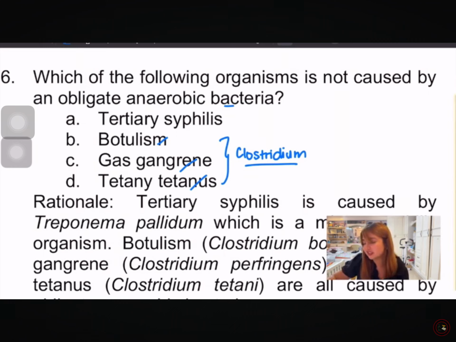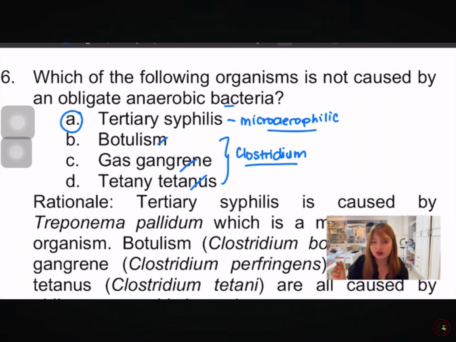Ang naging difference lang is sa tertiary syphilis, this is not obligate anaerobic. It is actually microaerophilic. Meaning, it can tolerate some amount of oxygen or it can survive at small amounts of oxygen in the environment.